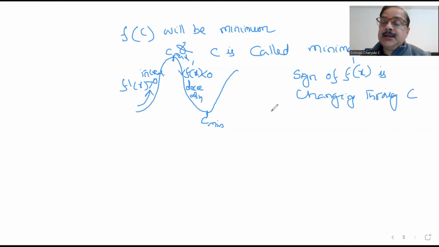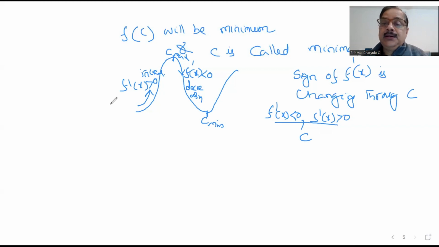So f dash x is becoming less and f dash x is greater. This is a critical point for me. Left hand side, right hand side. Hope you are noticing this very, very important point. f dash x is less than 0, greater than 0.